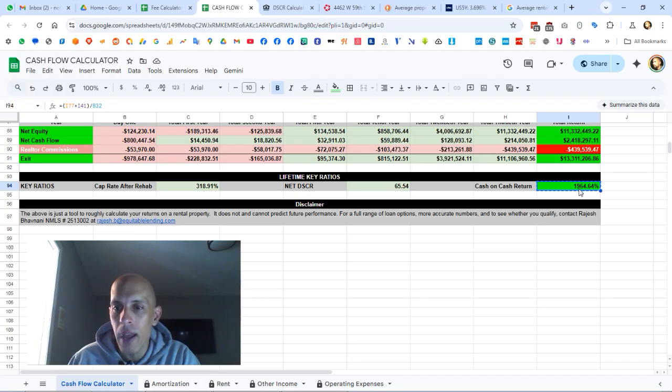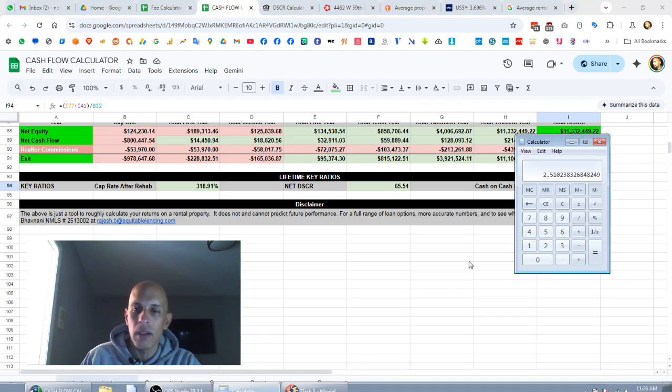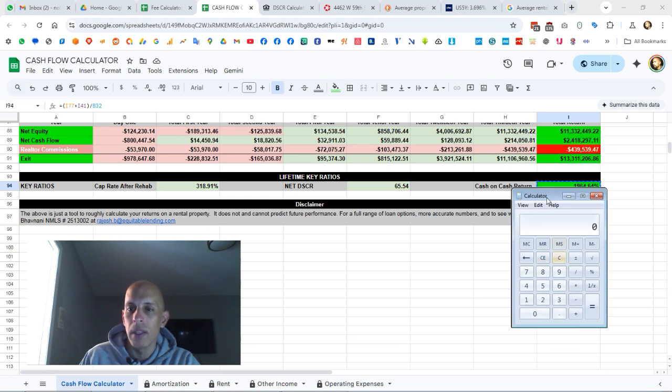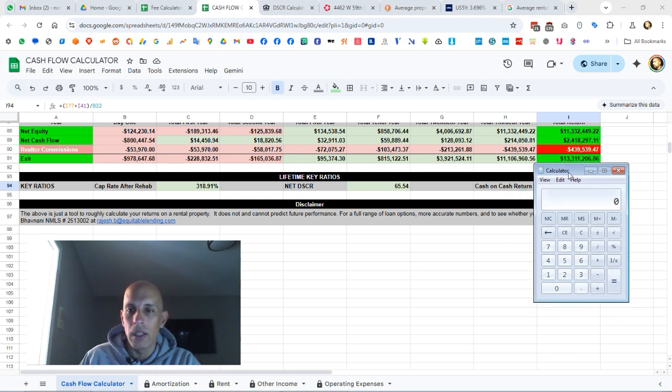We're looking at a cash-on-cash return of 1964.64, so 1900%, or 20xing your money in 30 years.